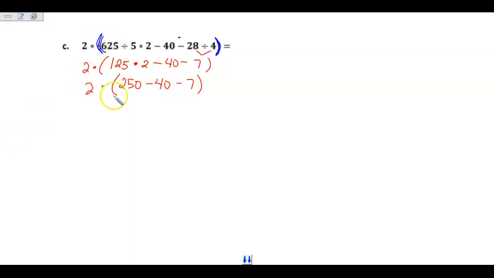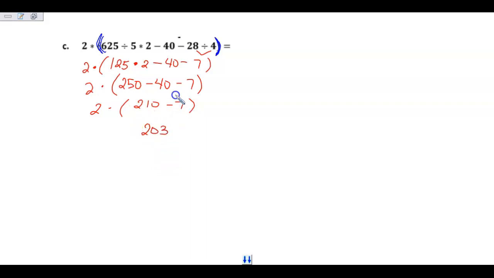All right, no more multiplication and division, so now we're ready to add or subtract, working left to right, and I have subtraction and subtraction. So we're going to take the 250 and subtract 40 from it, and that's going to give us 210. And now I'm going to subtract 7, which gives 203.